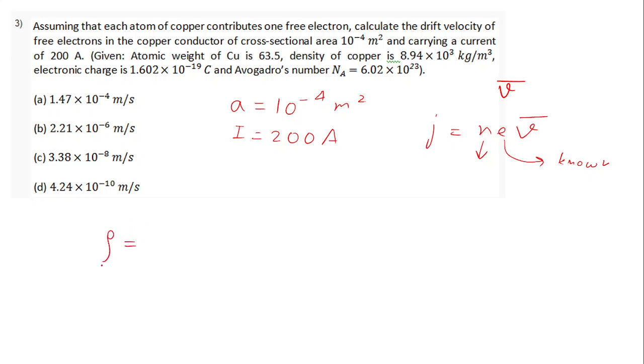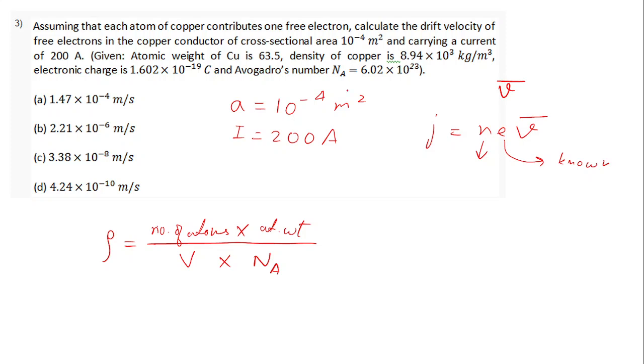We had seen the formula that density of a unit crystal was given by the number of atoms times the atomic weight of that element divided by volume and Avogadro number. This was the formula we were using. Here density is given, atomic weight is given, and volume we don't need because what they have given is per unit volume.